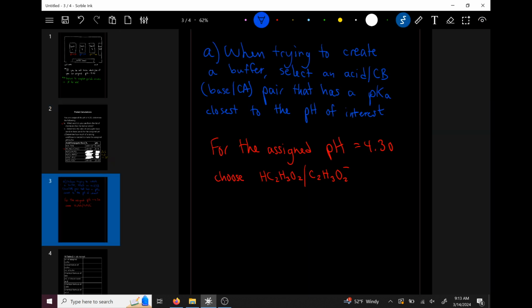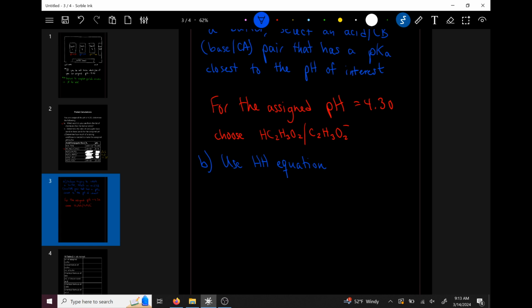So moving on to part B, use HH equation. The Henderson-Hasselbalch equation is pH is equal to pKa plus the log of the activity of B over A, or the molarity of B over A, or the moles of B over A, right?